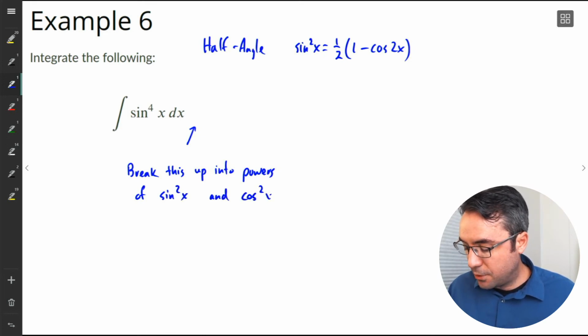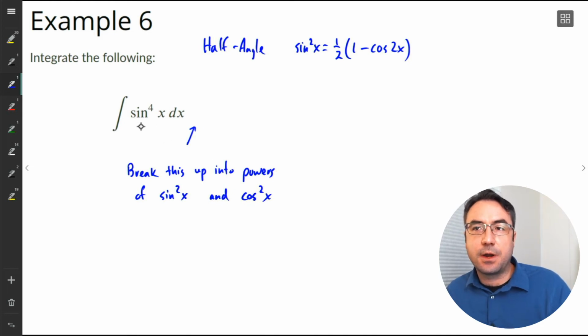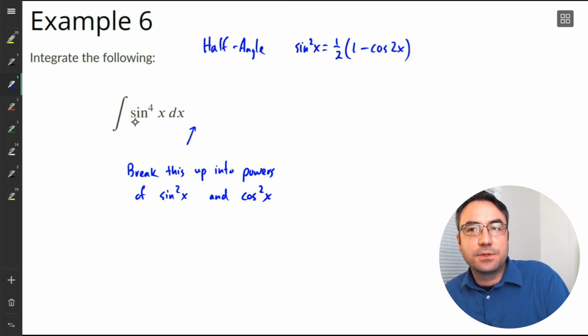We're not going to have to worry about cosine squared here because there are no higher powers of cosine. But if there were, then we would break it up into multiples of cosine squared. But we're going to do that for this sine term.